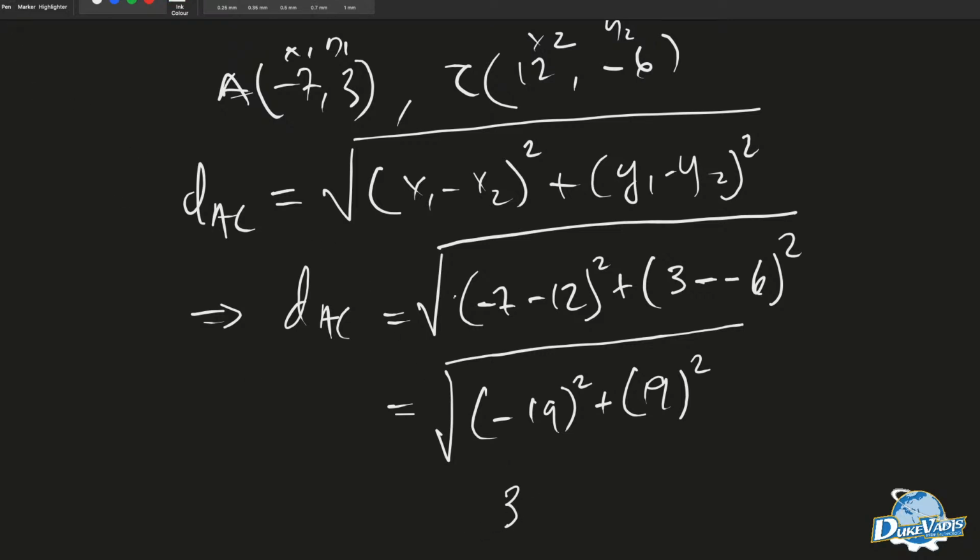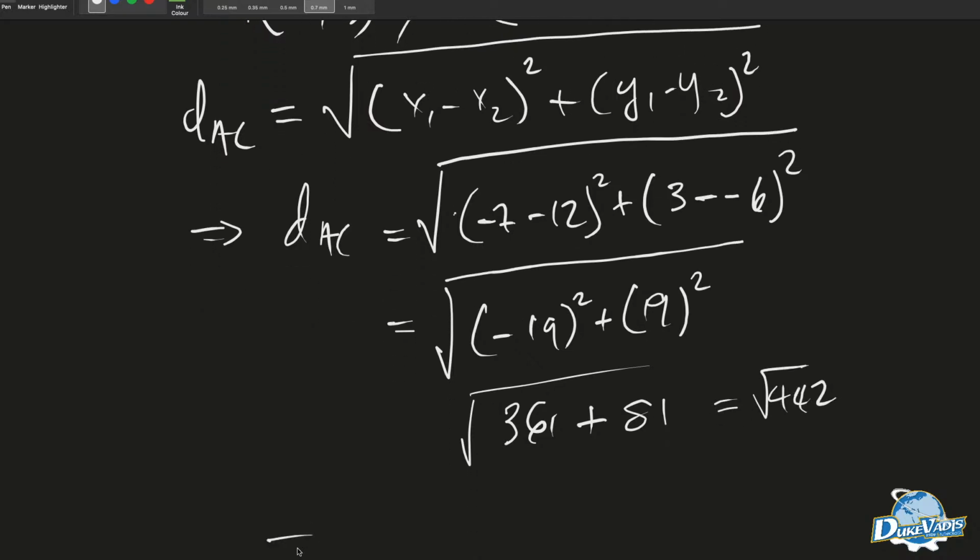361 plus 81, and that will give us the square root of 442.